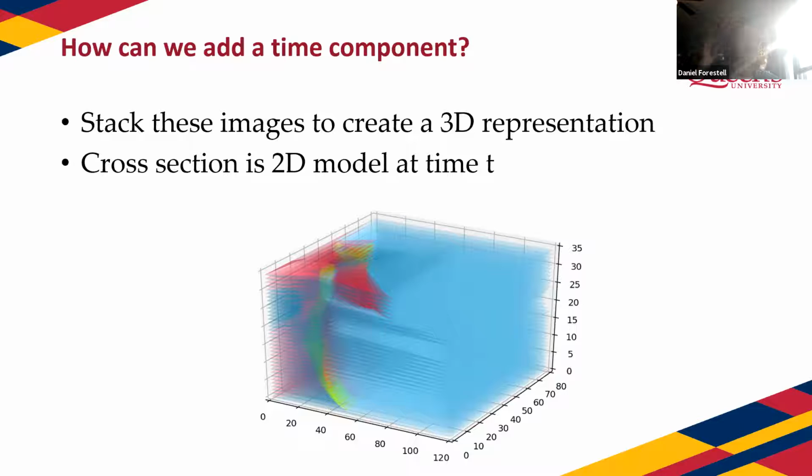And basically what this is, every cross section is the pitch at a given time t. So at the very bottom, we'll have t equals 0. And at t equals 1, we add another pitch where the players have slightly moved and our model is slightly changed. So we stack these on top of each other and create this 3D model. So I'm going to take a look at how that does for our model.